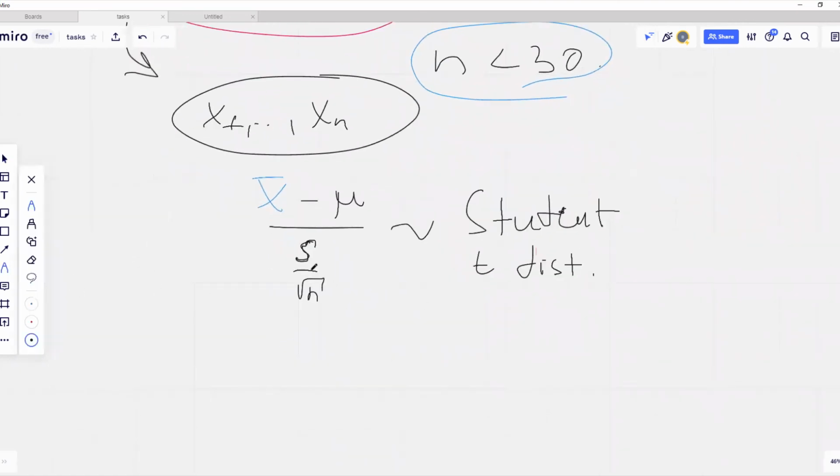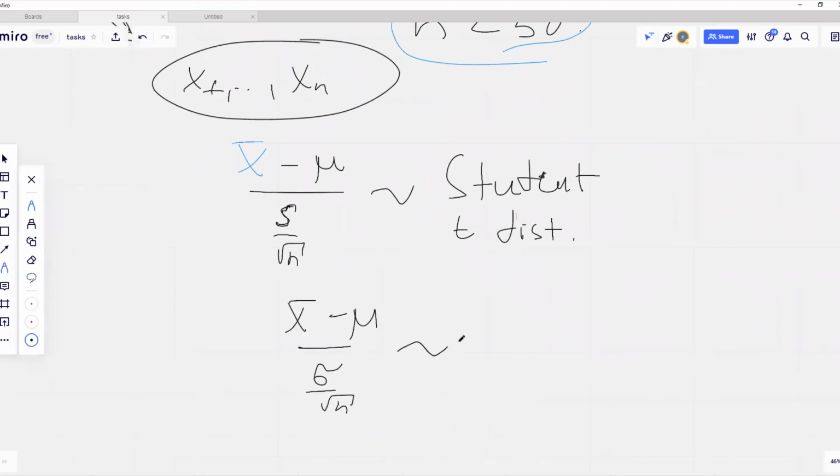So if we had known the population standard deviation, then X bar minus mu over sigma divided by root of n follows a standard normal distribution with mean 0 and variance of 1.